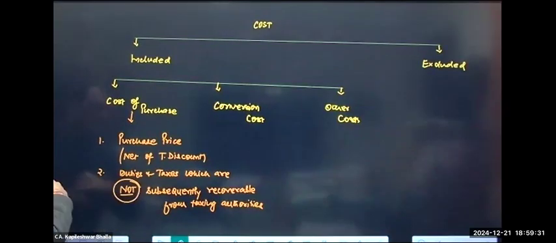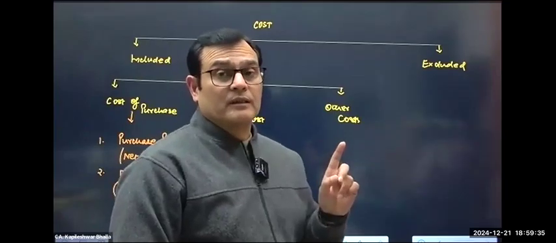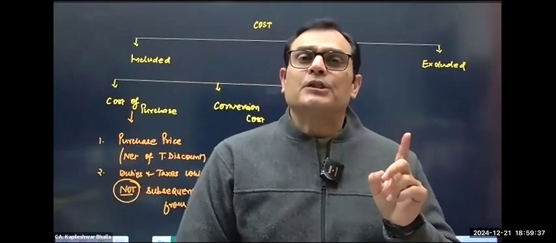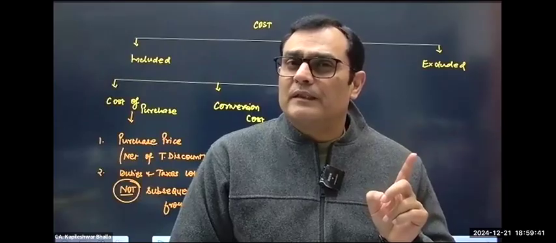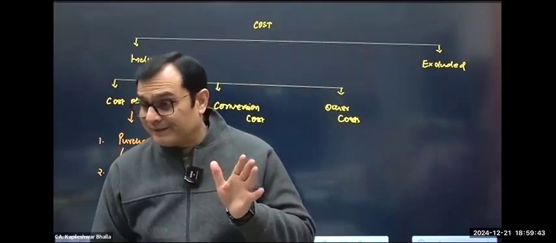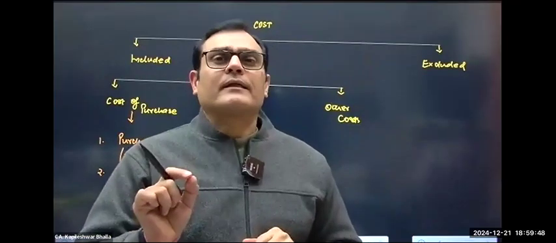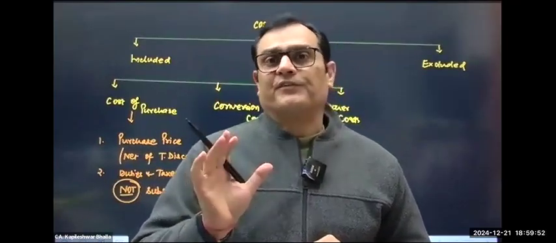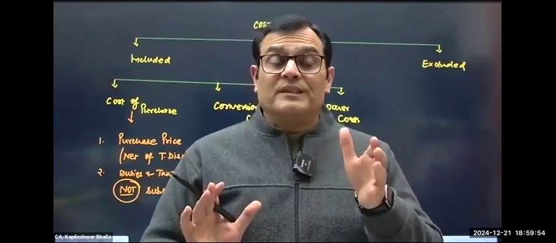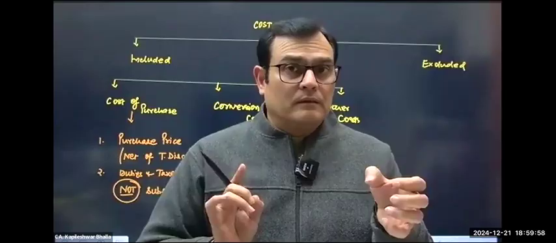The word is not recoverable. So you're going to add those duties and taxes which are not recoverable. If there is a GST input credit, you are not going to consider that as a part of inventory. But in a situation where you're not getting an input credit, would you consider GST as part of inventory? Yes. So if input credit is available, not taken.